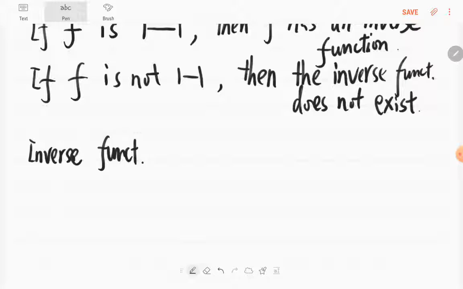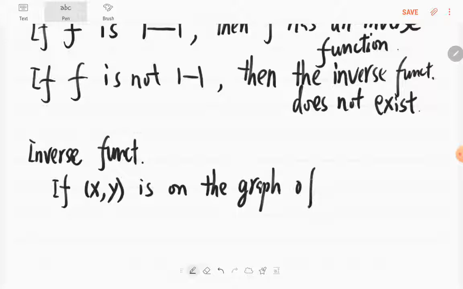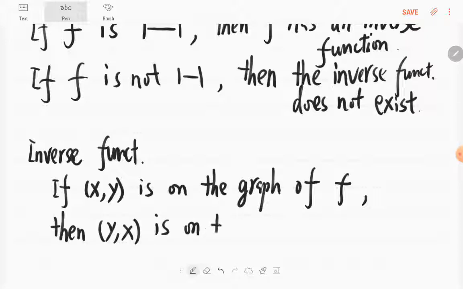The inverse function is defined like this: if a point (x, y) is on the graph of a function f, then (y, x) is on the graph of its inverse function.